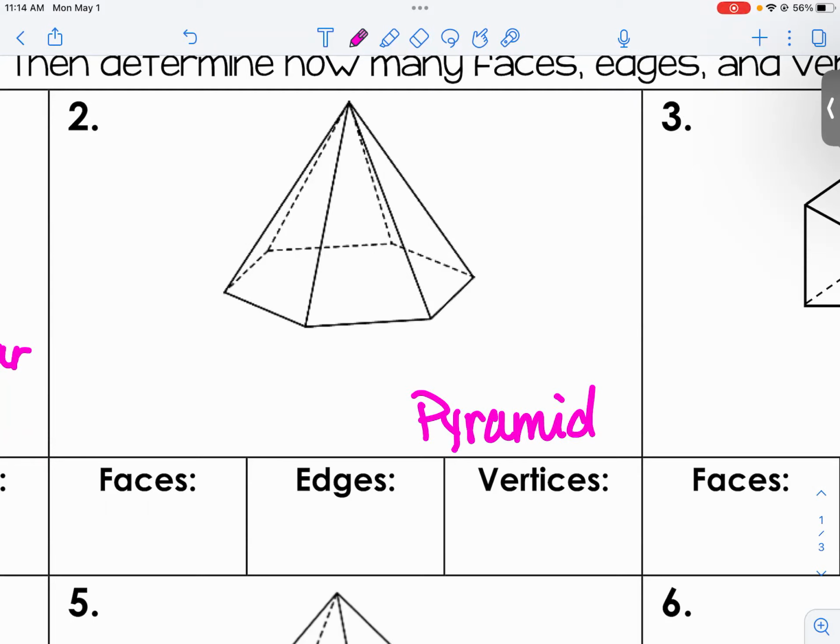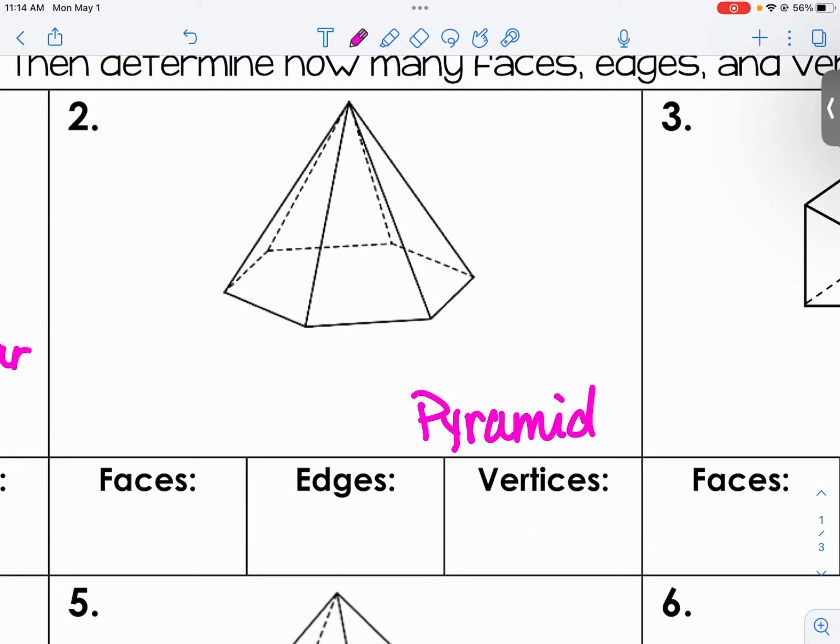Brady, I'm asking you. There is 1 base. What is the base? You're right. What shape is it? Yeah, it's a hexagon. It has 6 sides. So we would call this a hexagonal pyramid. Okay. It's fine. We'll just call it a pyramid.